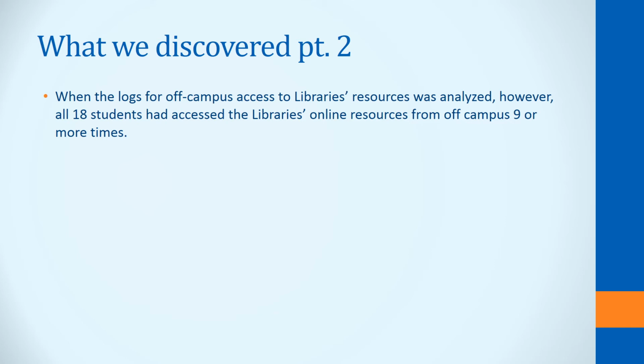So we had some students that were very actively using resources, logging in from off-campus, and others less so. We do know that there are a number of variables. It could be that those students are accessing those same resources that they need while they're here in the building. So there's further analysis that needs to be done.